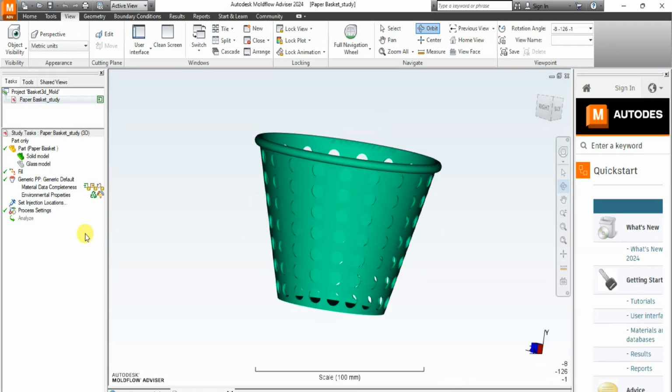All right, so let's look at the mesh. Let's try and mesh this and then see how it looks.